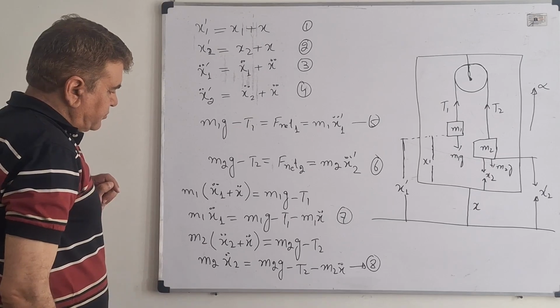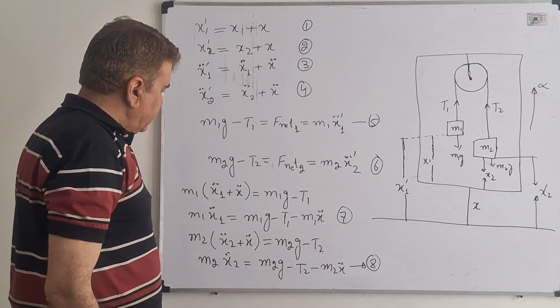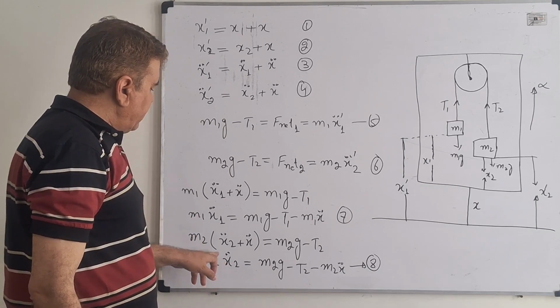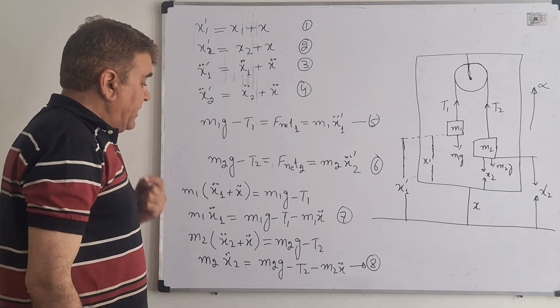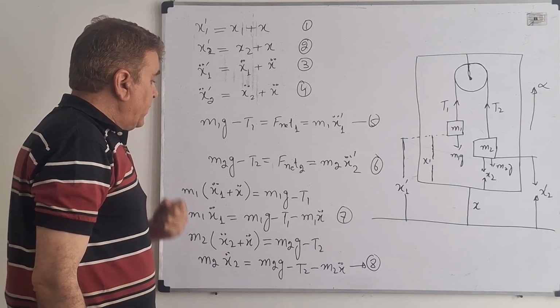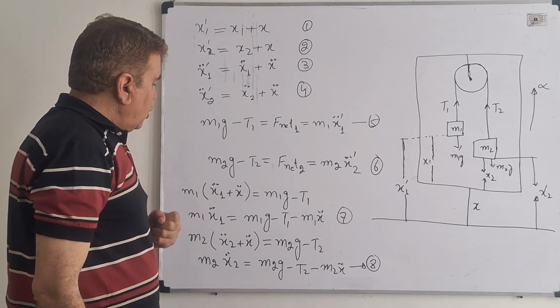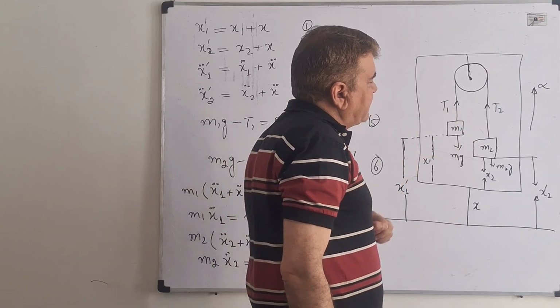Now, we want to solve equations 7 and 8 for finding the accelerations of the masses, that is x double dot 1 and x double dot 2. But there we want to make two assumptions. Number one, we say that the string is inextensible.